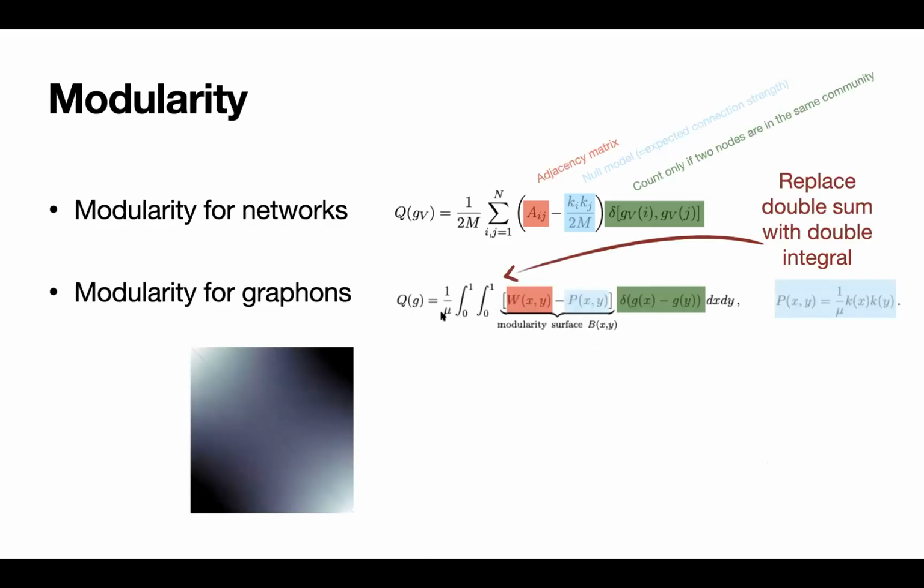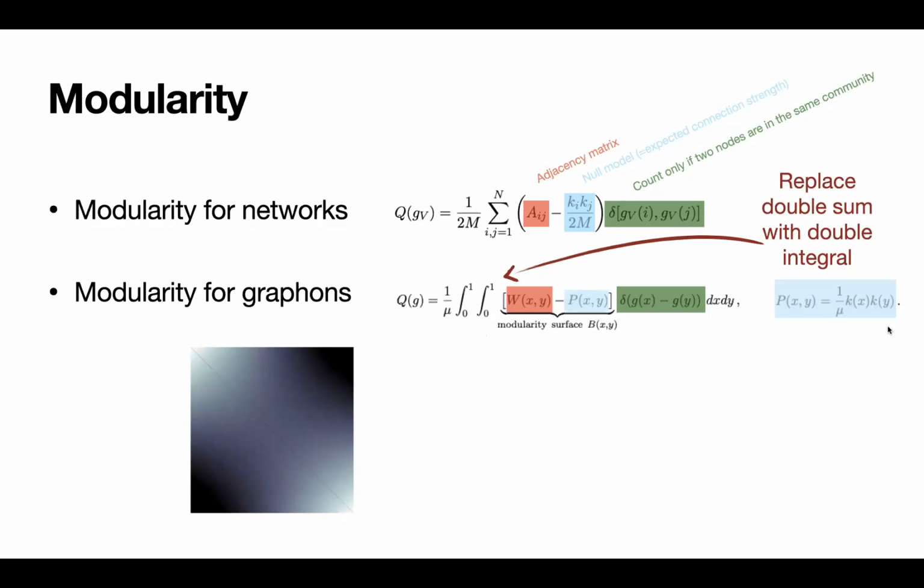It is actually defined very similarly. Essentially, we replace the discrete sum over all pairs of nodes with a double integral over the unit square. Then we replace the adjacency matrix with the graphon function, and we have to define a new null model. You can use any null model that you find appropriate for your application.